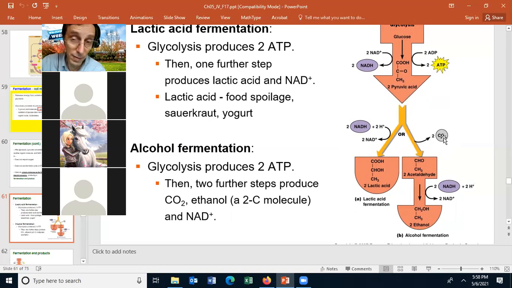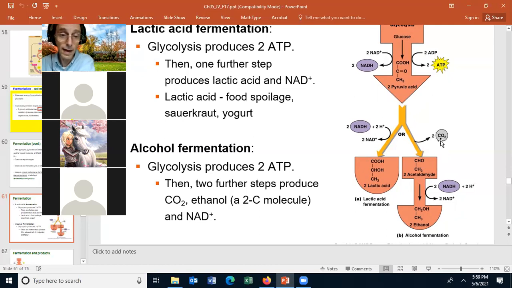When you drink your beer, this carbon dioxide gives the beer the fizz. We make wine in an open barrel, so the CO2 gets vented to the air. But if you were to bottle the wine, it would be fizzy, and we call that champagne, fizzy wine, because of the CO2.